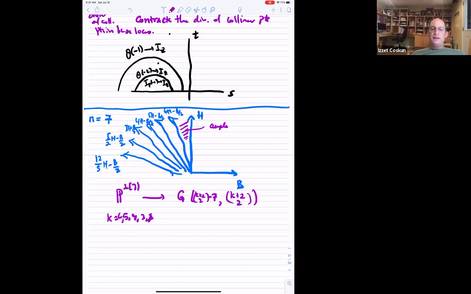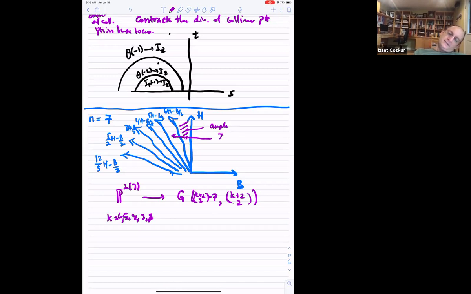Okay, so now let's describe the base loci in these various places. Once you cross, here you have the base locus being Z such that the points are collinear.